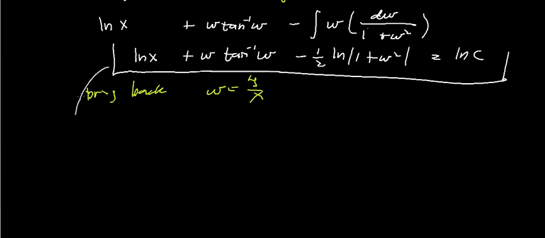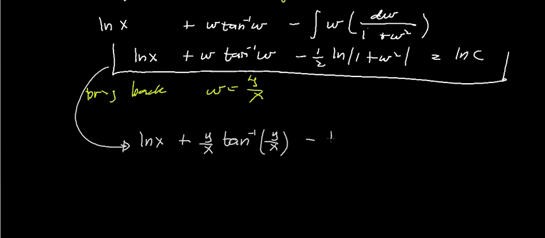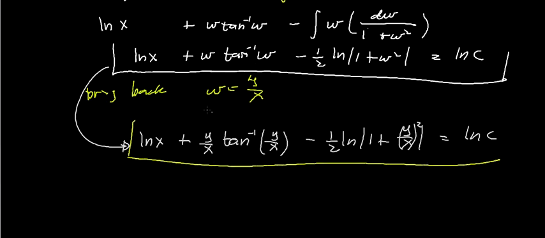So we have ln of x plus, with w as y over x, y over x times arctangent of y over x, minus 1/2 ln of 1 plus (y over x) squared is equal to ln of C. So this is now our general solution.